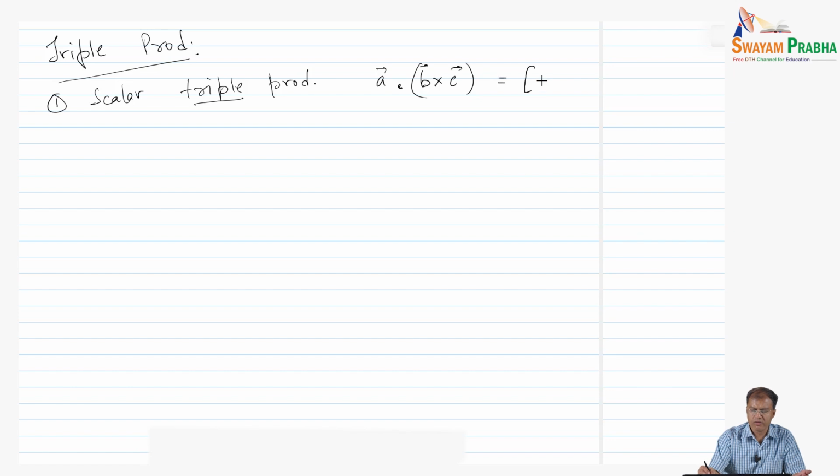So that is A dot B cross C, the scalar triple product. Sometimes we denote it as the square bracket A, B, C, right?